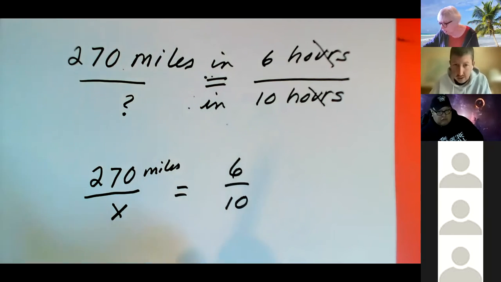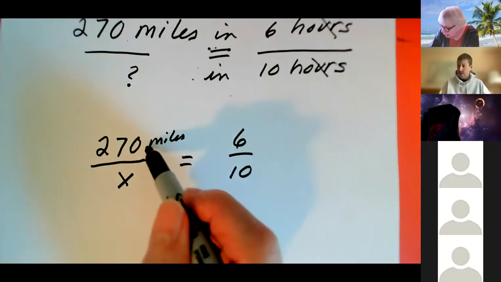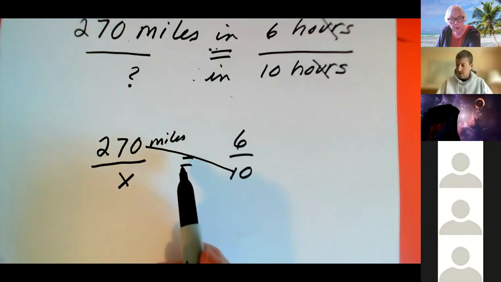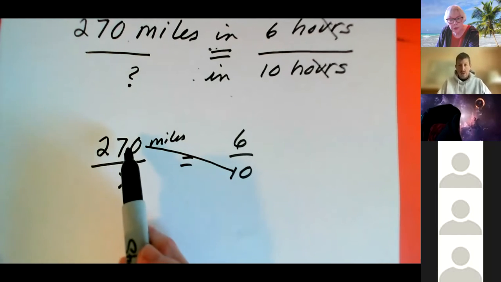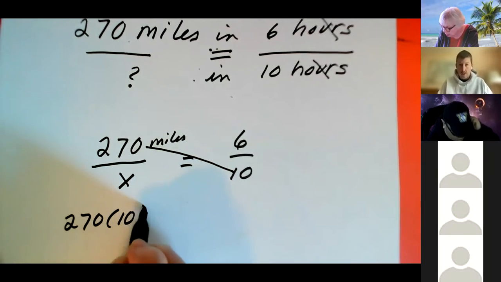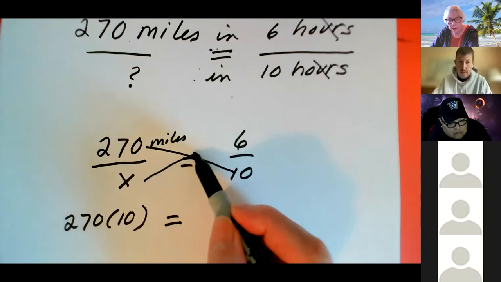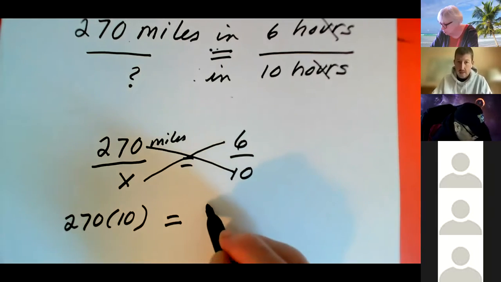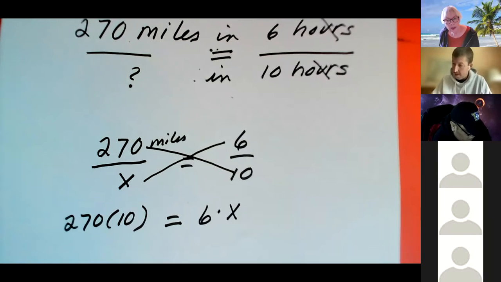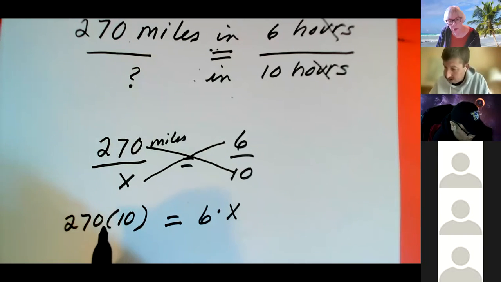And so what I would then do is go back to the previous section and complete it. So once this is set up properly, 270 times 10 equals, don't forget it, X times 6, which we would write in algebra 6 times X. When you multiply by 10, the decimal moves over 1.